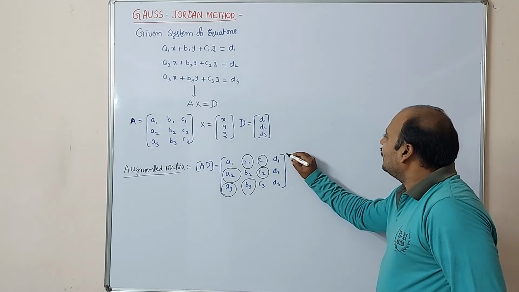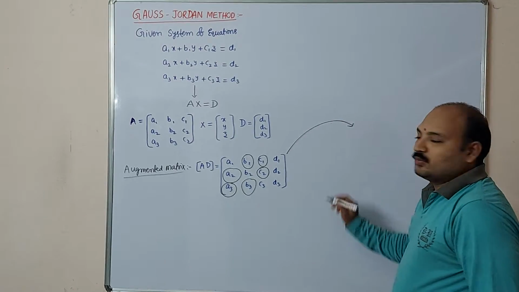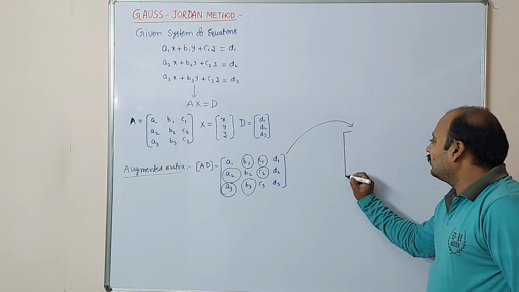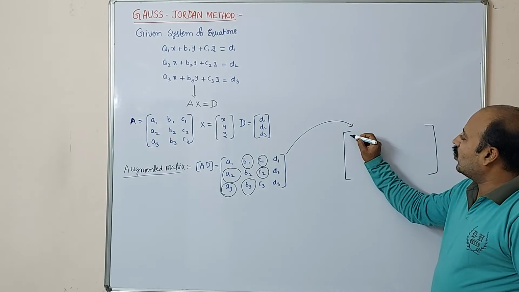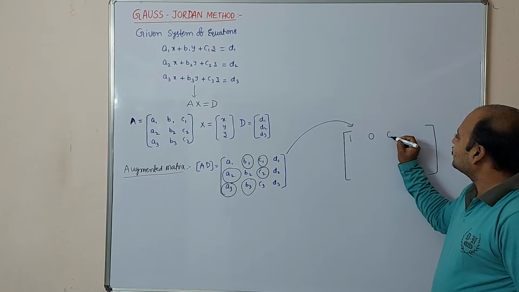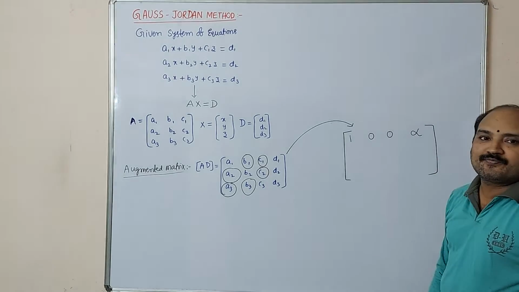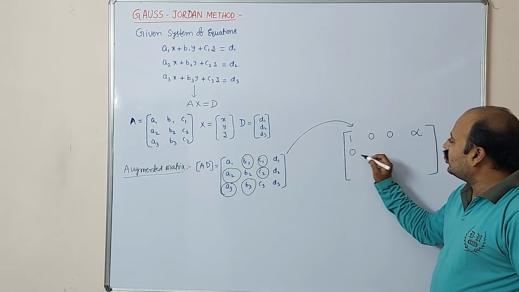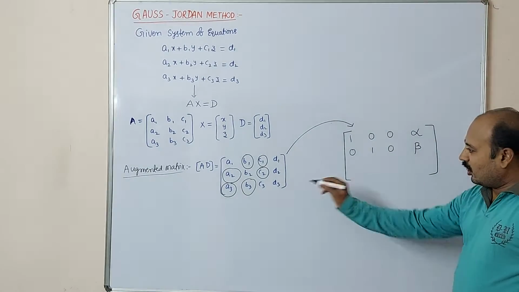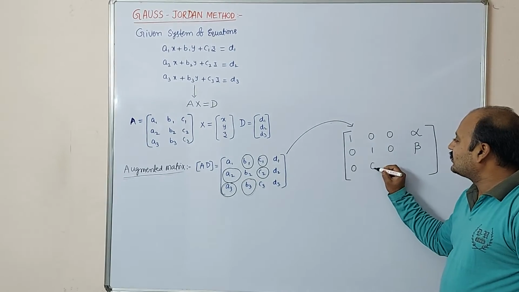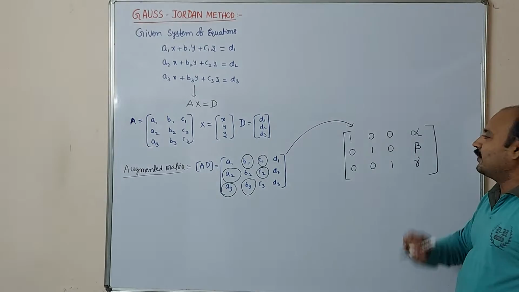After that, it will be converted into this form: 1, 0, 0, alpha; next 0, 1, 0, beta; after that 0, 0, 1, gamma.